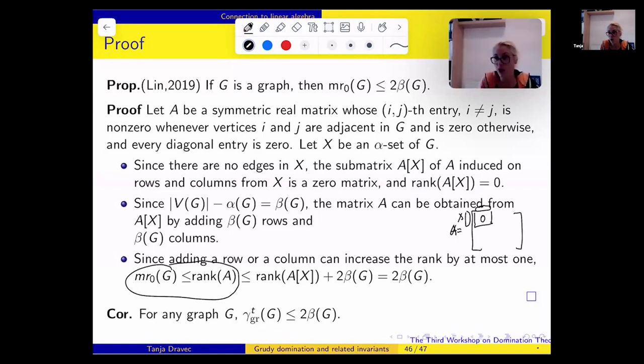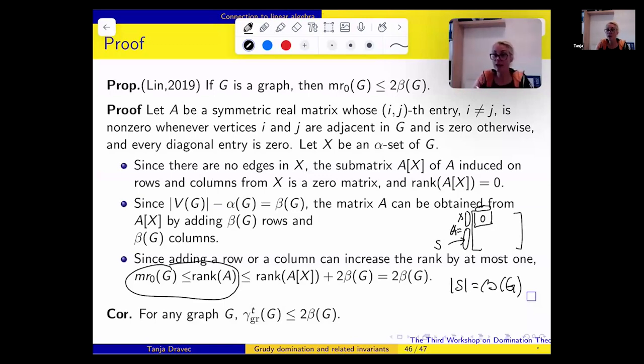But what is well known is that the sum of the vertex cover number and the independence number is the order of the graph. So what remains here is the vertex cover set. This set S is a vertex cover, and we know that this set S has cardinality beta of G, the vertex cover number of the graph G.